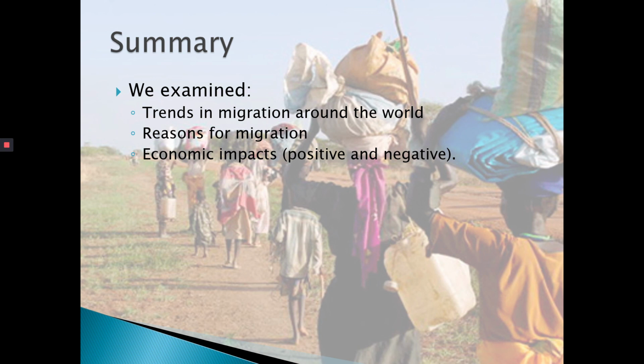I also encourage you to please read the written documents that have been provided in Blackboard so that you gain a much deeper understanding of the concept of migration. But migration does have an economic impact around the world. It will impact the countries where individuals are leaving from. It will also impact the countries that individuals are heading towards.